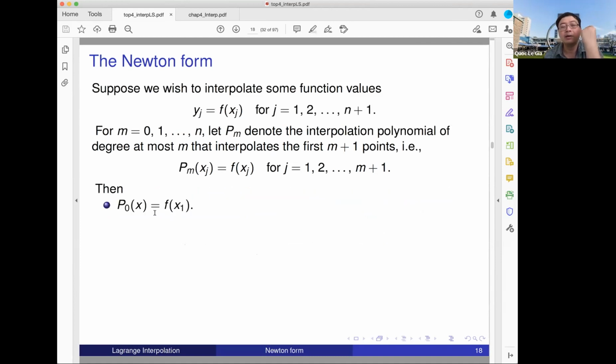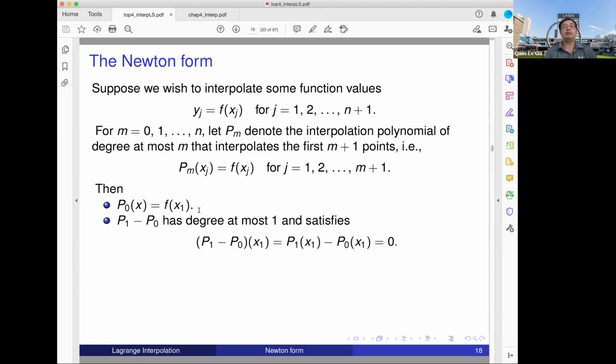So P0(x) is just f(x1), because it's just y1. And now what is P1? So by this definition, what is P1?